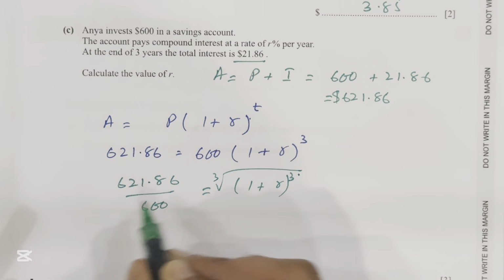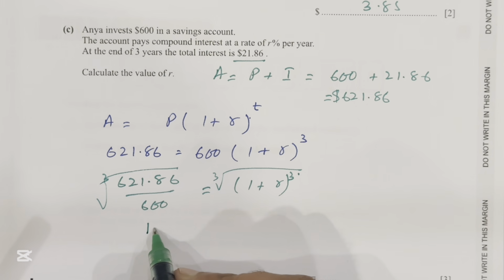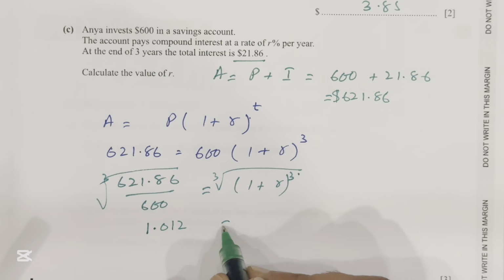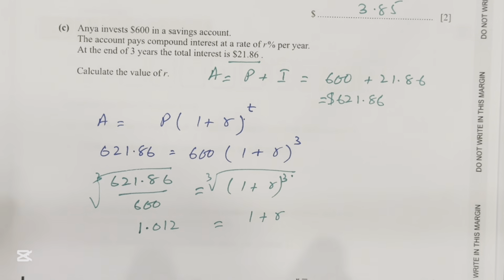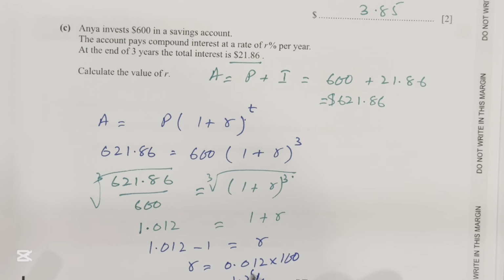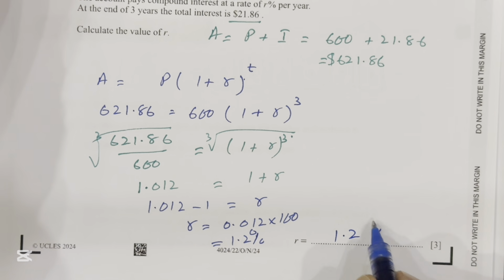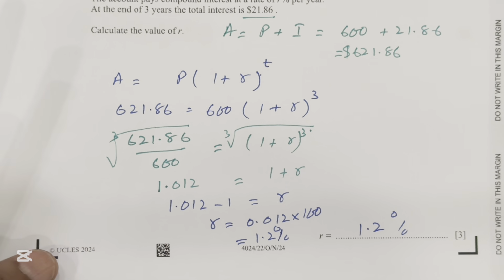Take the cube root on both sides, and this would be equal to 1.012, and this is 1 plus R. Now you can subtract 1.012 minus 1, that is equal to R. Then R is equal to 0.012. You need to convert it into a percentage by multiplying it by 100. You get the answer that is equal to 1.2%. So this is your final answer for this question, 1.2%. So this is the rate. This is a good practice question for compound interest.